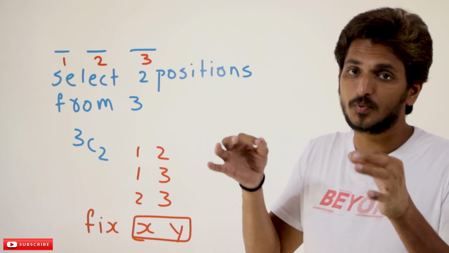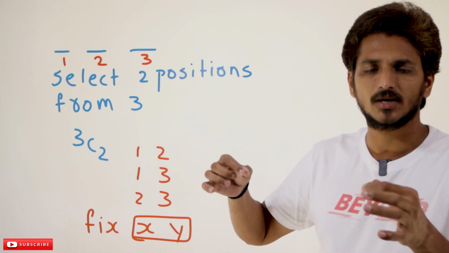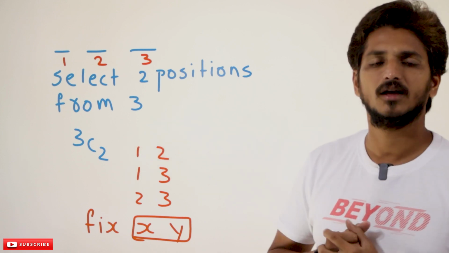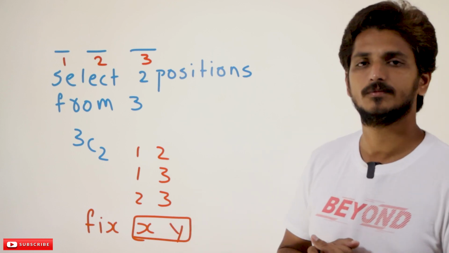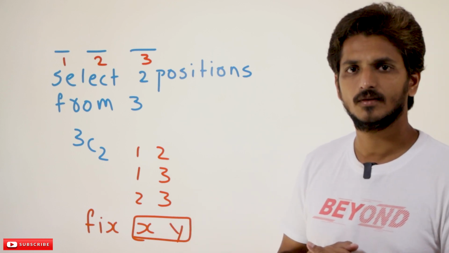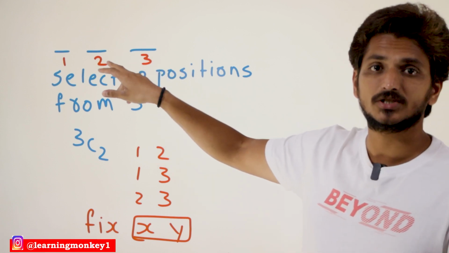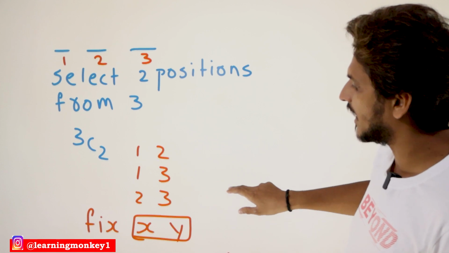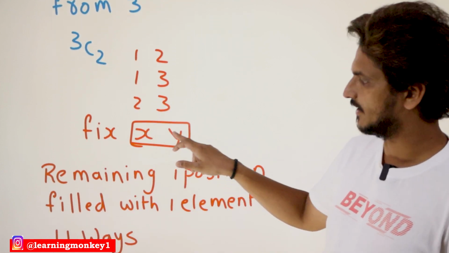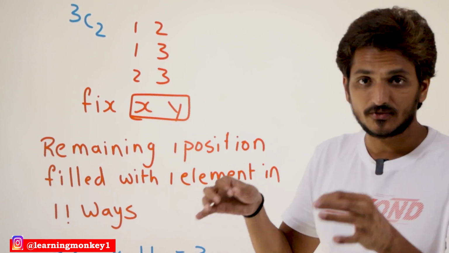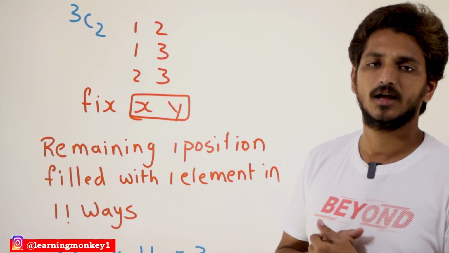Means we selected 2 positions, in total 3C2 ways. In these 2 positions, you fix x and y according to your requirement. First place x, after that y. Once you selected 2 positions, what are the remaining positions? 1 position is remaining. These positions are fixed. You cannot change them because x should be placed before y.